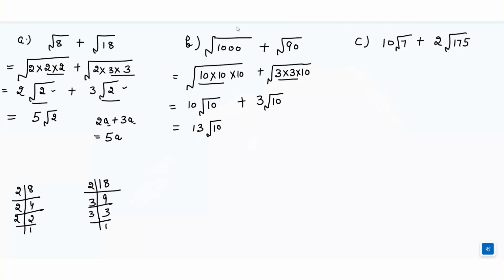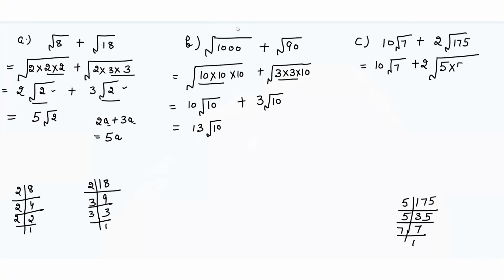Similarly, in this question, I have to find out the prime factors of 175. So I will divide it by 5, I will get 35, then again I will divide it by 5, 7, 7, 1s are 7. Now I will write 175 as 5 into 5 into 7. 5 is a pair.